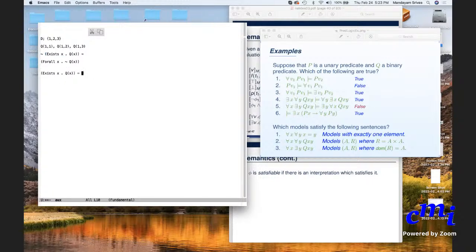So this one is the same as negation of, see, but what you're saying, what you had was something like this, correct?